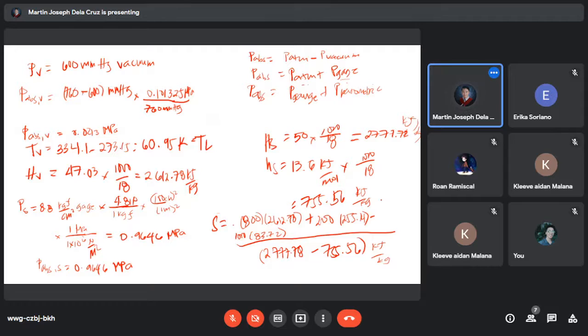Kilogram times kilojoule per kilogram, so those cancel and only kilogram remains. What is our answer? 1017.49. Very good.